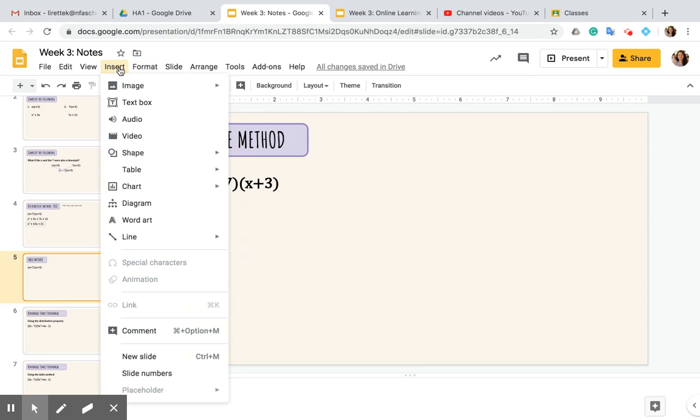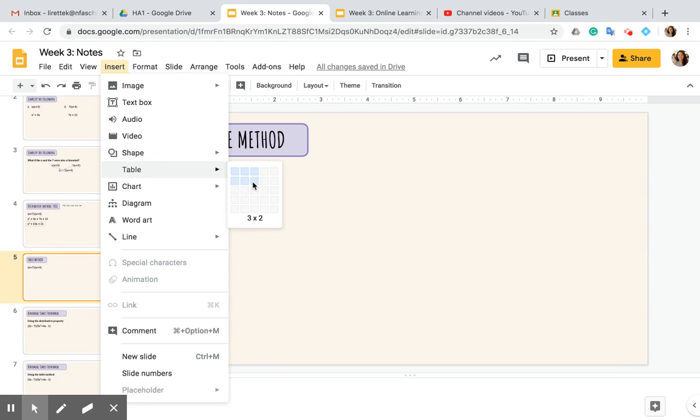So I'm going to insert a table. Let's see, where do I go to do this? Oh, here we go. Insert a table. I know I want 2 rows and 2 columns. Additionally, what I'm also going to do is put an additional 2 rows and 2 columns for my table, so that way I can put the terms on the outside.